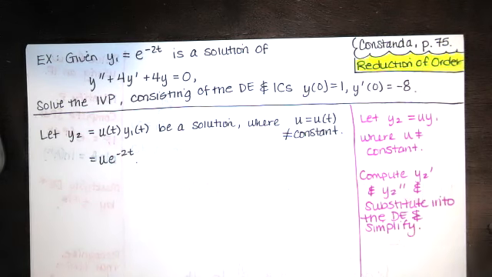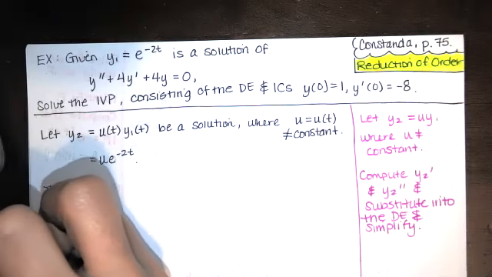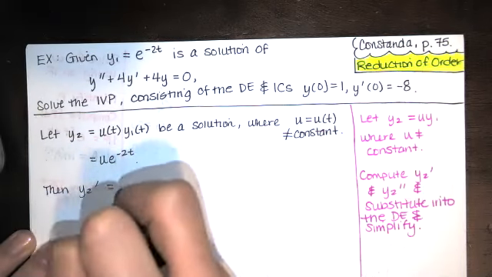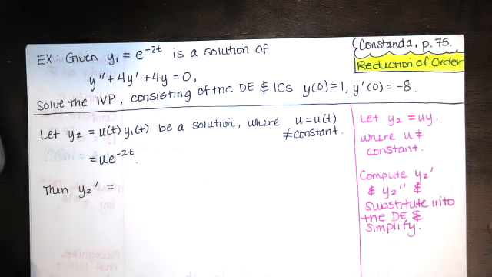Then we'll have this. Y sub 2 prime is, well, I've got a product here.